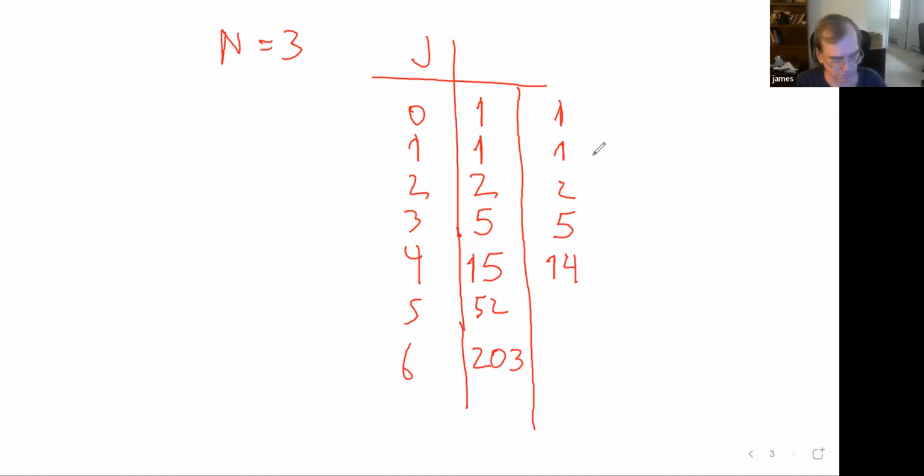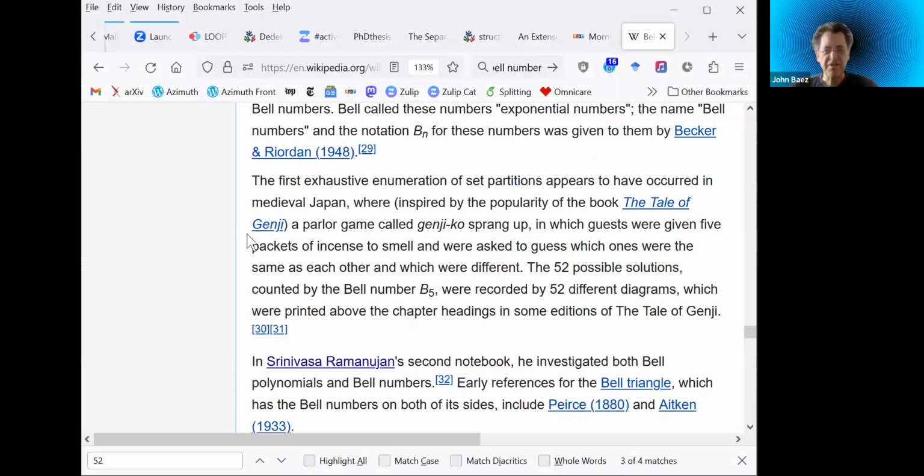But this is a very comic interlude. So it's this paragraph here. So this is what it was. First, an exhaustive enumeration of set partitions, that's these ones counted by the Bell numbers, appears to have occurred in medieval Japan, where inspired by the popularity of the Tale of Genji, a parlor game called Genjiko sprang up, in which guests were given 5 packets of incense to smell and were asked to guess which ones were the same and which were different.